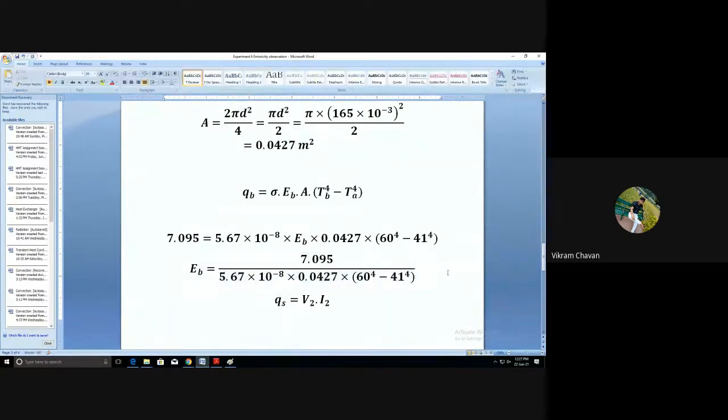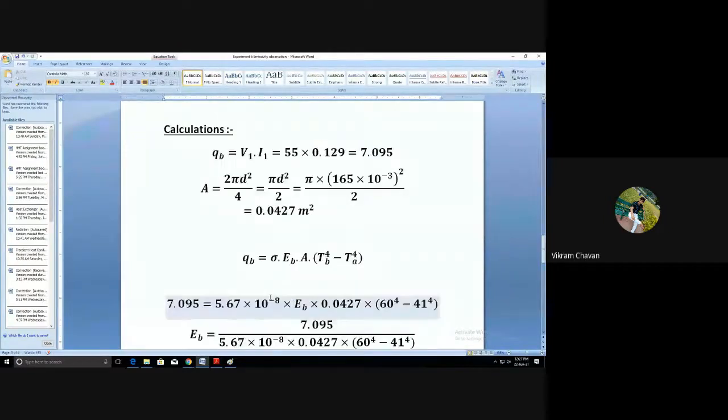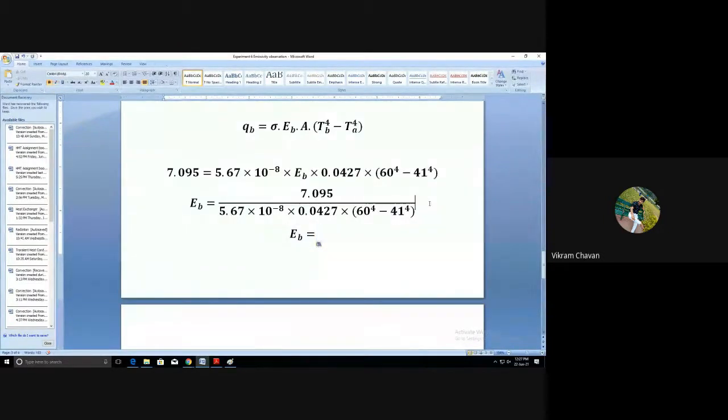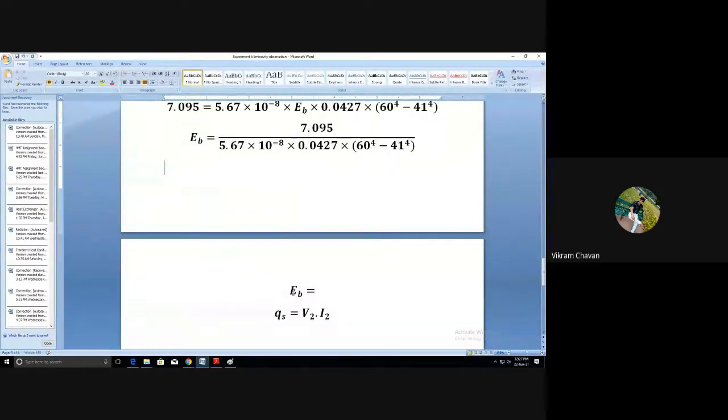Please let me know the emissive power for the black body. How much is it?